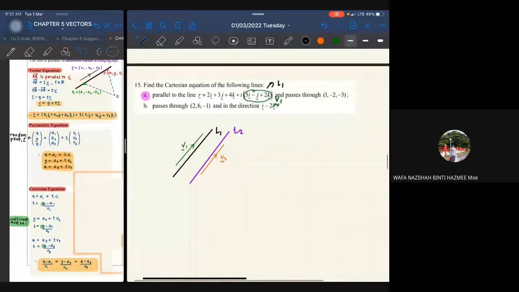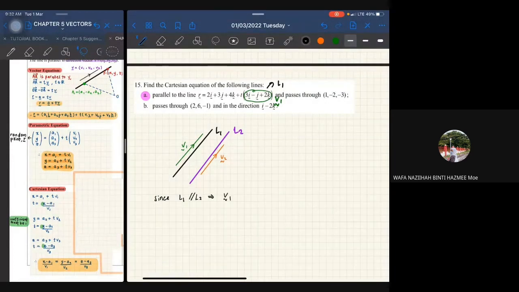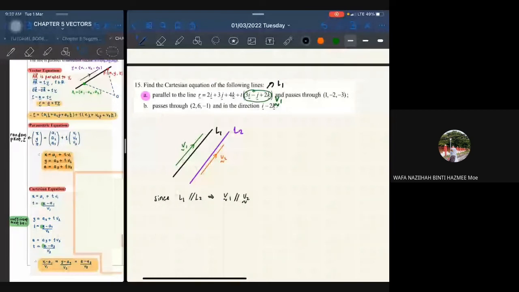Okay, so since L1 is parallel to L2, so awak boleh tulis V1 is also parallel to V2, which gives you V1 equal to V2, which is equal to this one.